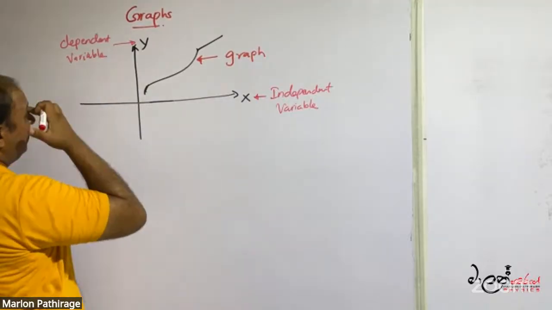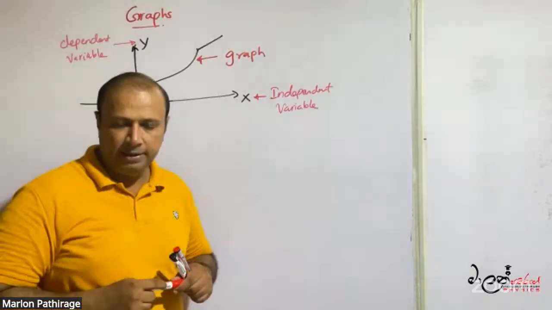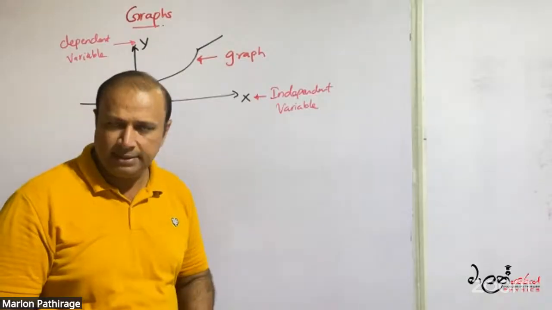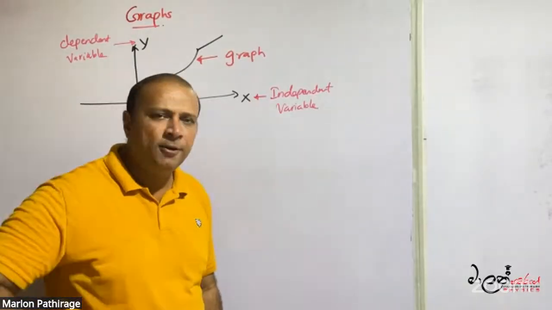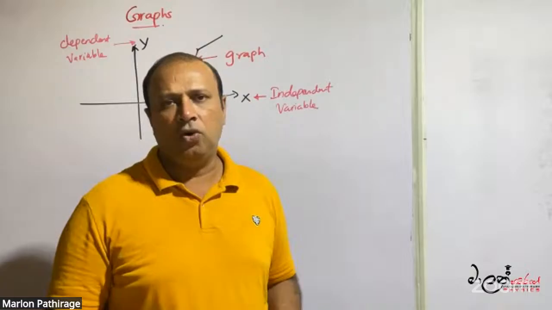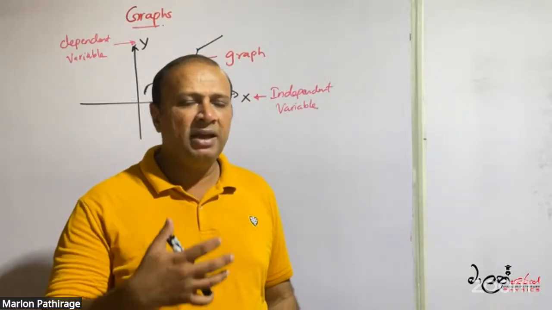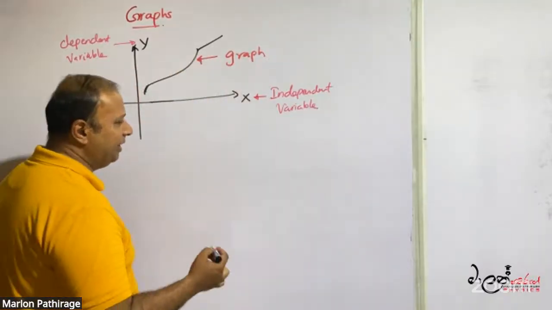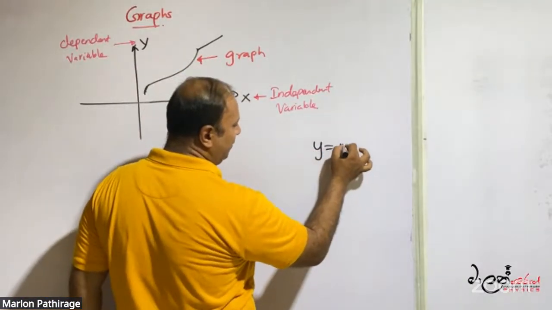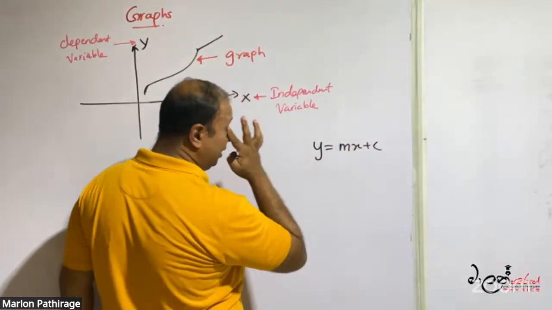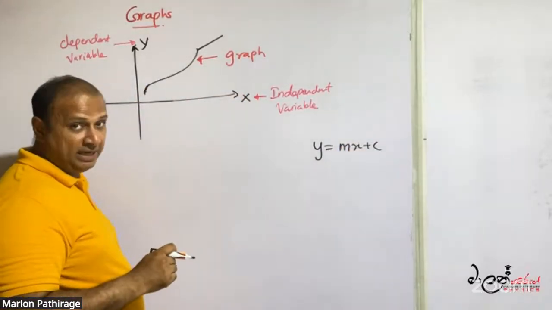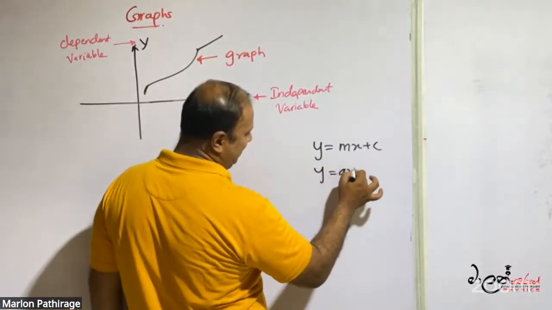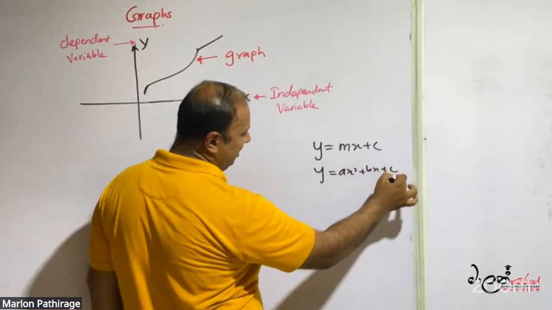What is the meaning of independent and dependent variable? As you know from your syllabus, you have drawn some graphs in mathematics, like the y equals mx plus c graph, and the y equals ax squared plus bx plus c graph.